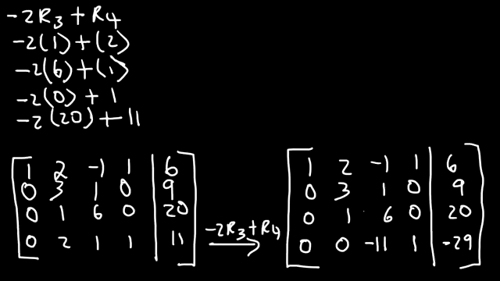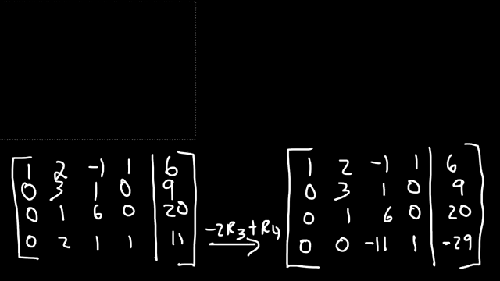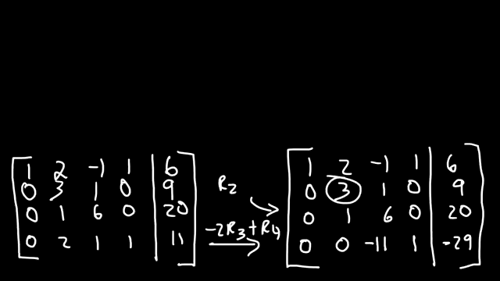Now the next thing we need to do is make this a 0. So let's get rid of this first. And I'm going to apply the changes to the third row. And I'm going to take R2, which is 3, and then add it, actually subtract it by negative 3 R3.